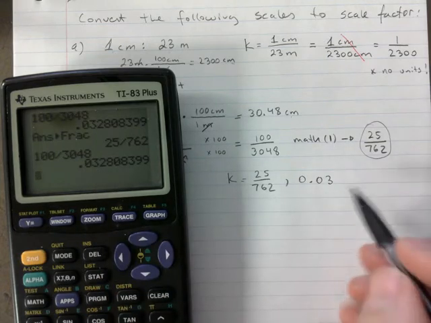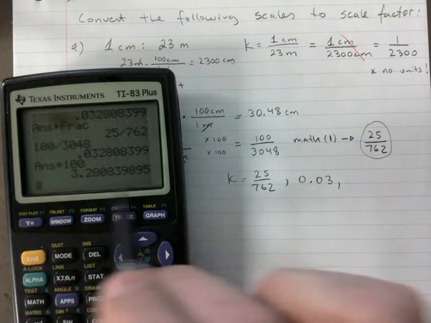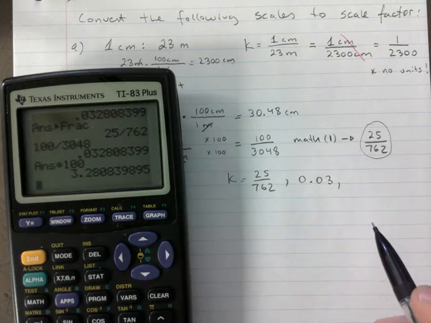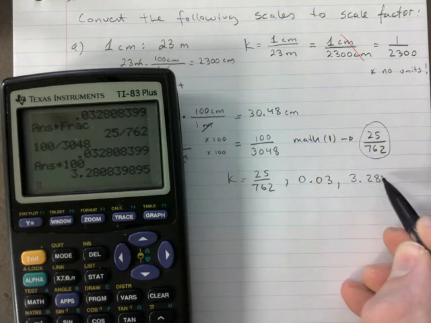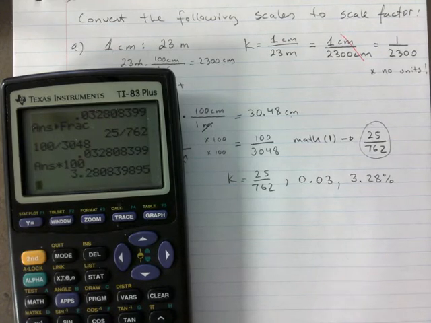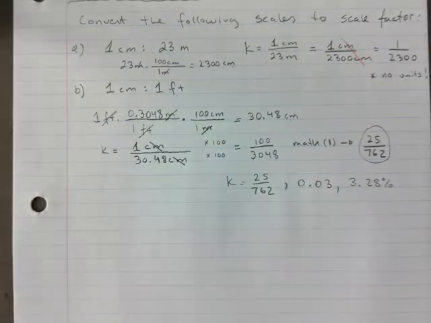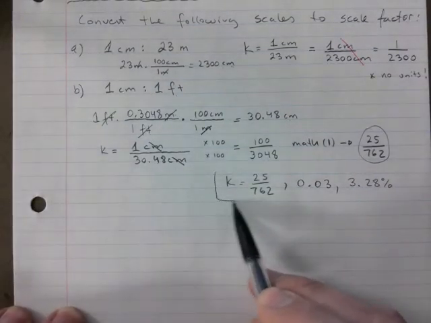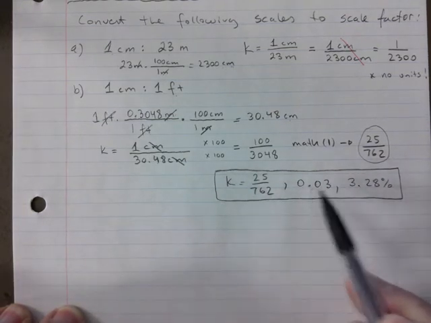You should be able to state it as a decimal, or you take what's on your screen, multiply it by 100, and write down 3.28%. Not 3%, 3.28. You go by what's on the screen. So scale factor can be stated in all 3 formats.